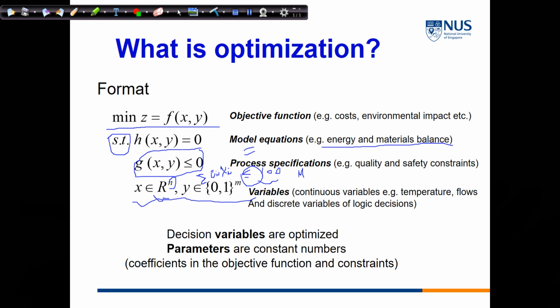So it means continuous here. This is continuous. Or for another variable here we use Y to indicate. This Y we put it belongs to 0 or 1 in the dimension of M. So this is dimension, you put it as an upper index.